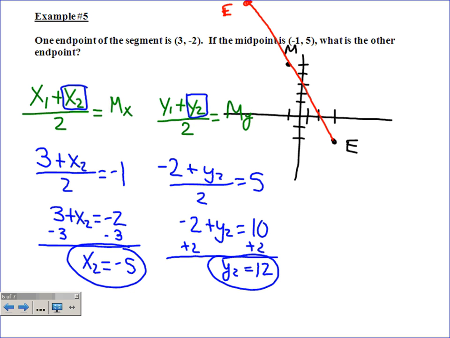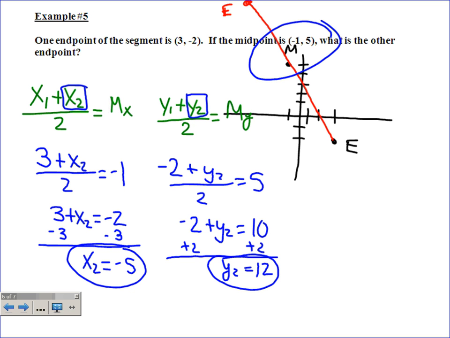Yes, sir. On both equations, how do you get the -1 and the 5? Oh. -1 is my midpoint's x coordinate, and the 5 is my midpoint's y coordinate. I don't get how to do this. You know how you did 3 plus x2 equals -2, minus 3?